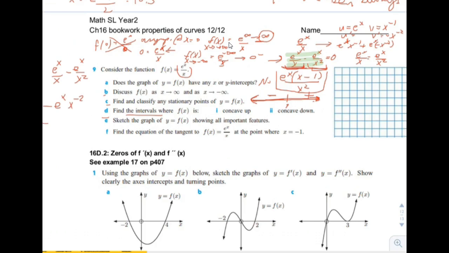We would use the product rule, and we'd have e to the x times negative 2 x to the negative 3, and then we would also have e to the x times x to the negative 2, and it would be minus also.